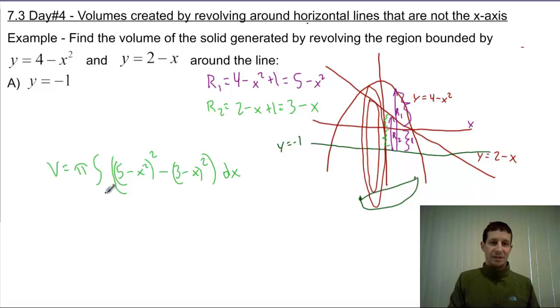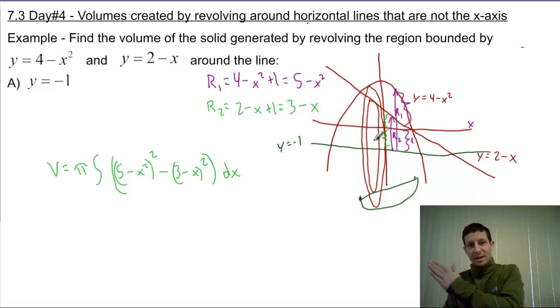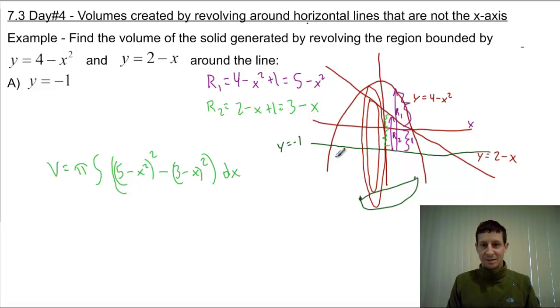So the only part missing is our limits. The limits, again, if we're summing up a bunch of circles going this way, and we're using x's here, we need to go from whatever this x value is to whatever this x value is. So just somewhere on our paper we need to show that we're finding those values. So we do 4 minus x squared, set it equal.